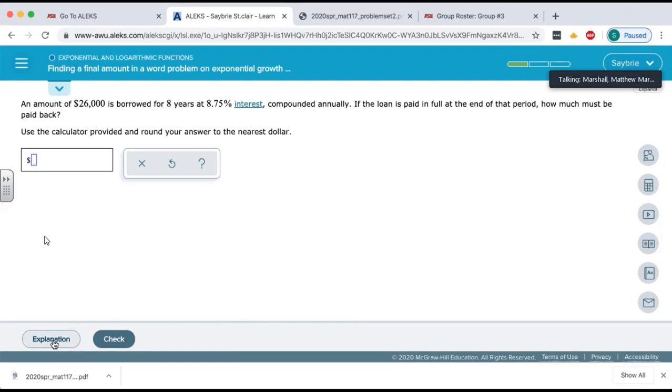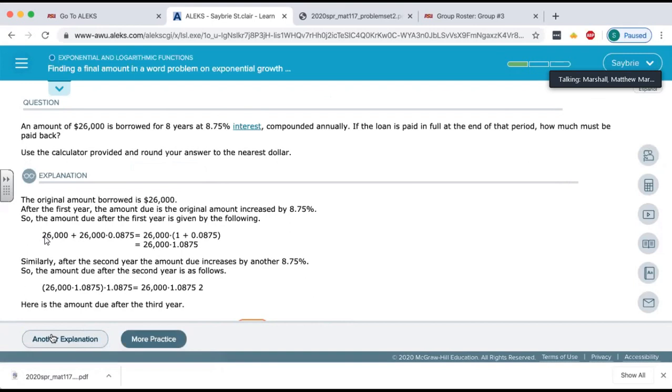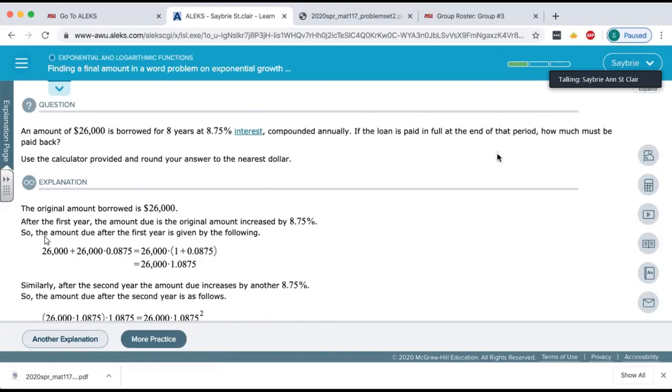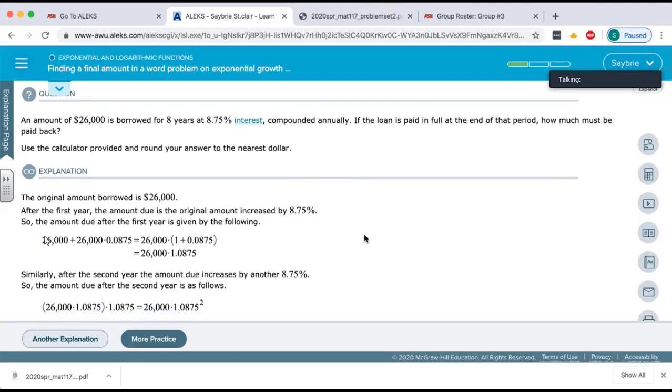Let's see what it says. Just bite the bullet. Missed that first one there, so that was easy. Ooh, compound interest. That's right. Let me take a picture of that.